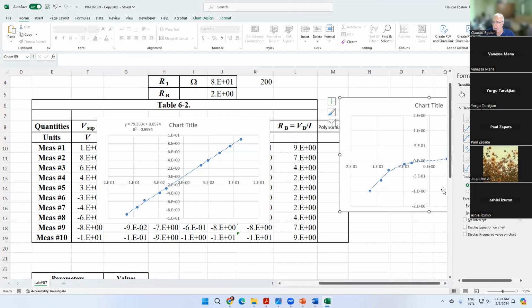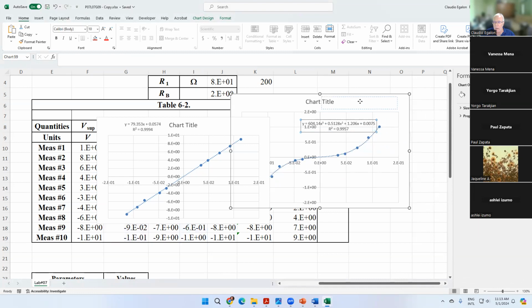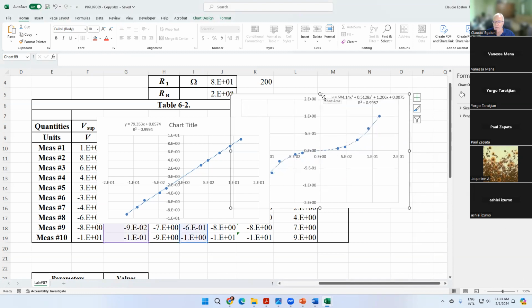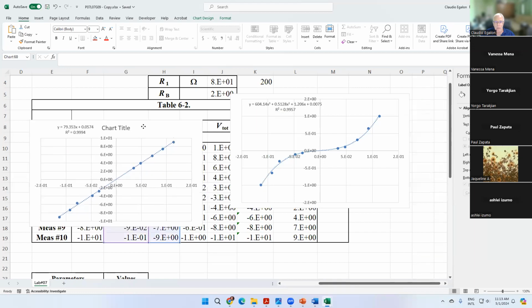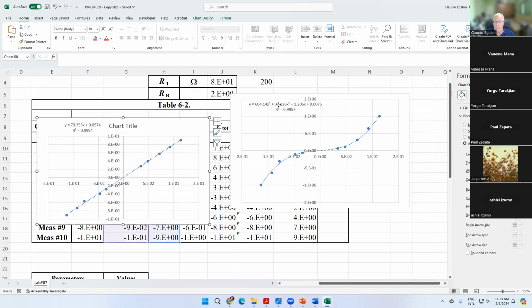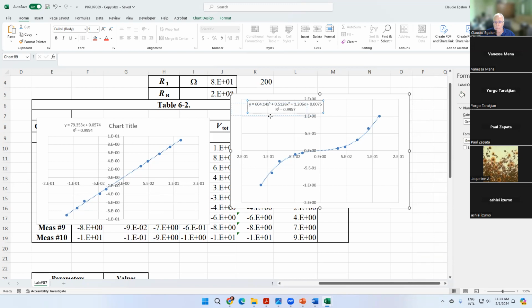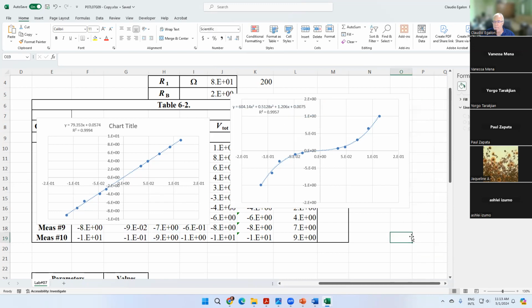Okay? Display equation on chart, display R squared. Here you go. Here's the regression equation for the third order polynomial. X to the cube, x squared, x, and so on. Okay? Negative, positive, negative, positive.